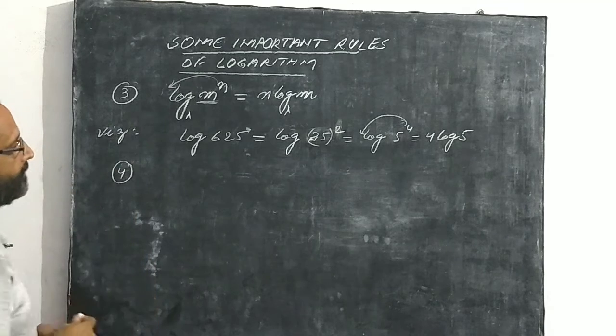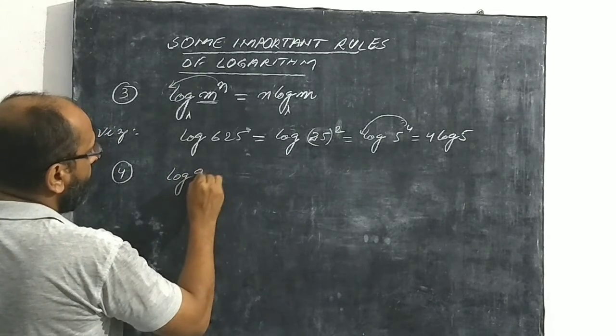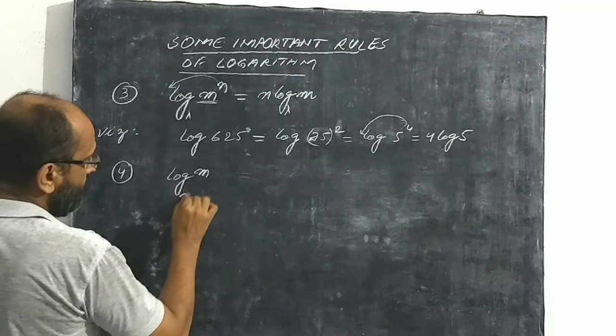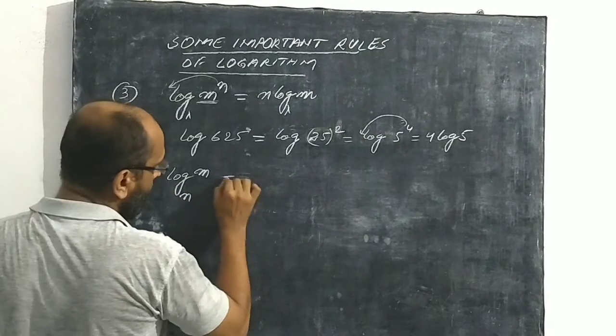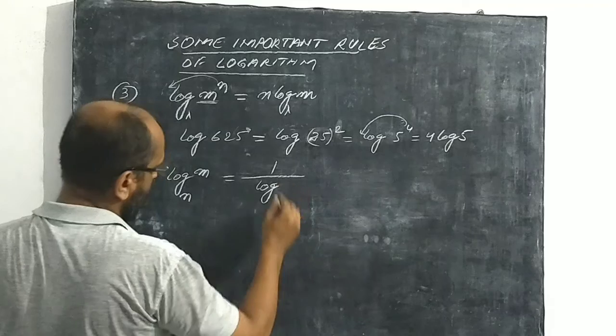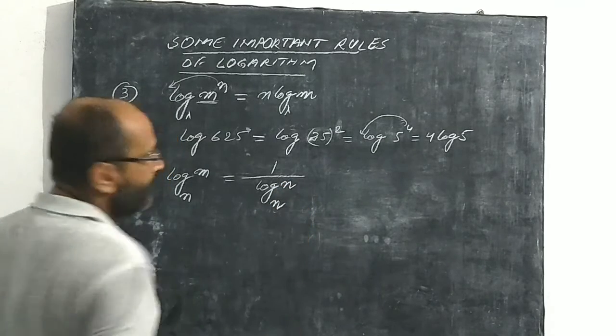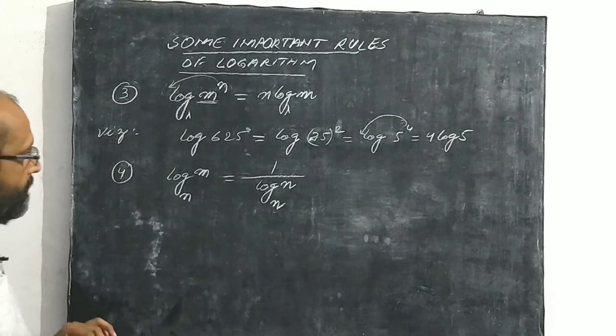Fourth law is log m base n may be written as 1 upon log n base m. What does it mean?